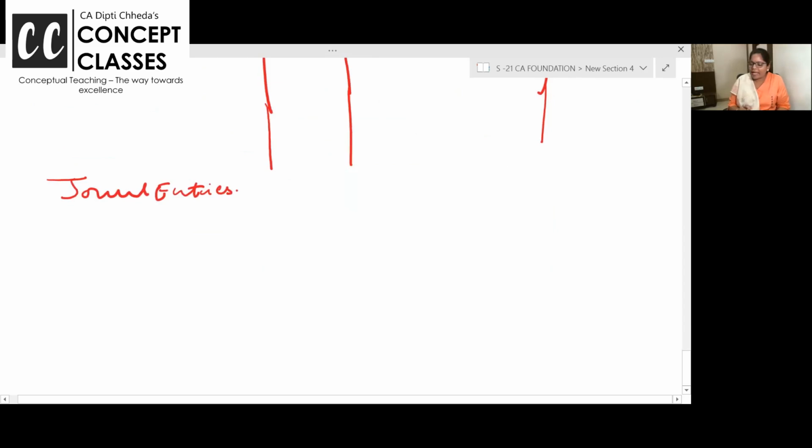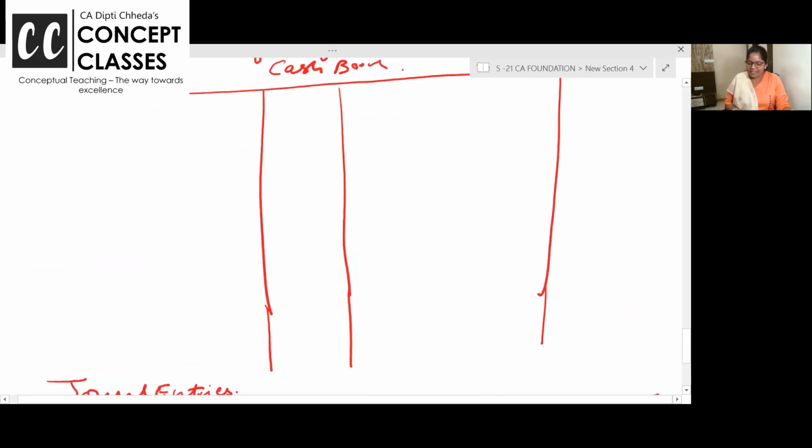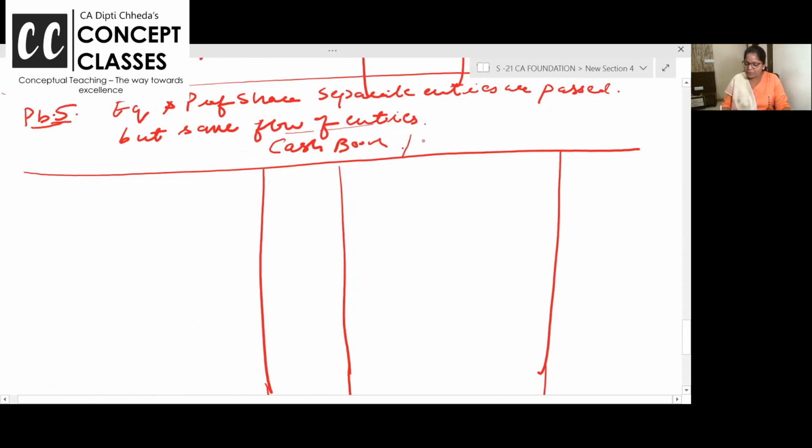So related to cash, we will not write the journal entries. Particulars, amount. Sure. First, cash or bank account. Cash book, bank account. Debit to equity share application account.